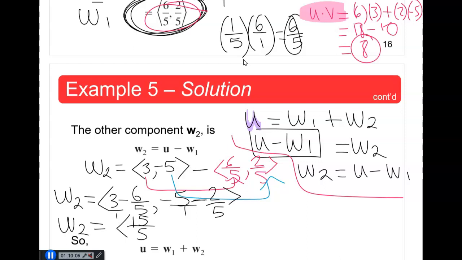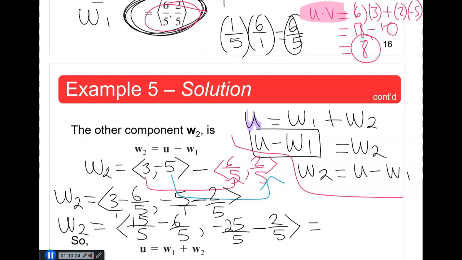And remember, we're subtracting the 6 over 5. Then we need a comma here. And we have negative 5 into fifths. It will be negative 25 over 5. Minus 2 over 5.